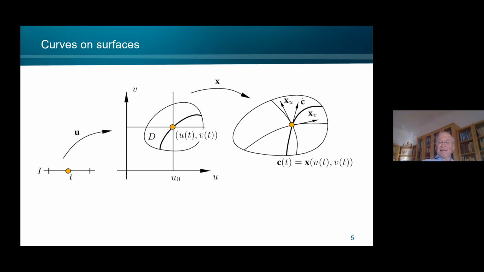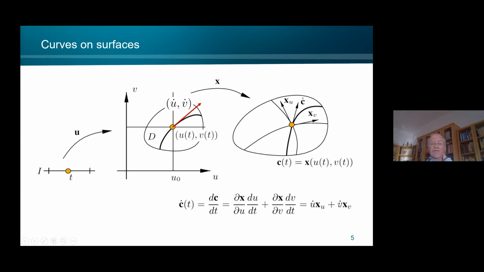Mapping this interval into 3D yields a curve whose derivative c dot, so a tangent vector, is by the chain rule a linear combination of the partial derivatives x_u and x_v. The coefficients here are u dot, v dot, which of course is a representation of the tangent vector of this curve in the parameter domain. Dots indicate derivatives with respect to t.